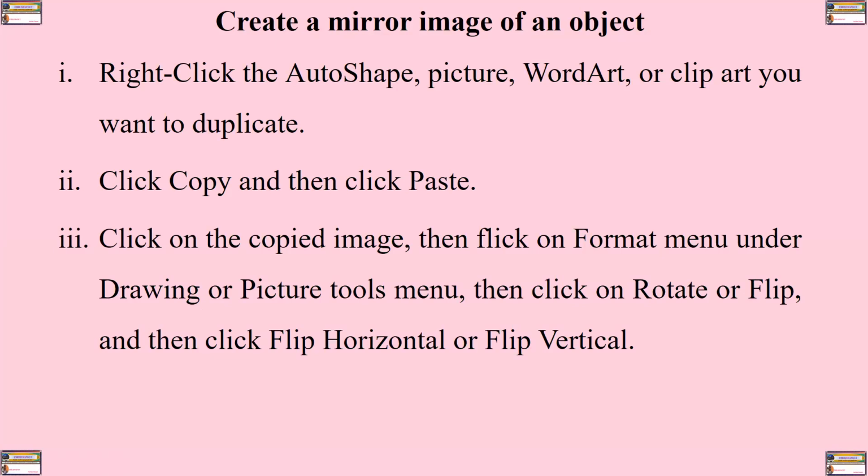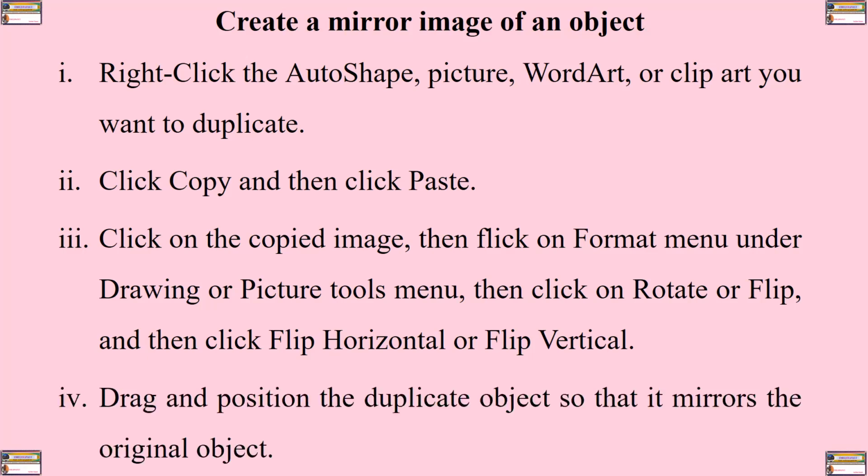Click on the copied image, then click on Format menu and Drawing or Picture Tools menu, and click on Rotate or Flip, and then click Flip Horizontal or Flip Vertical. Drag and position the duplicate object so that it mirrors the original object.